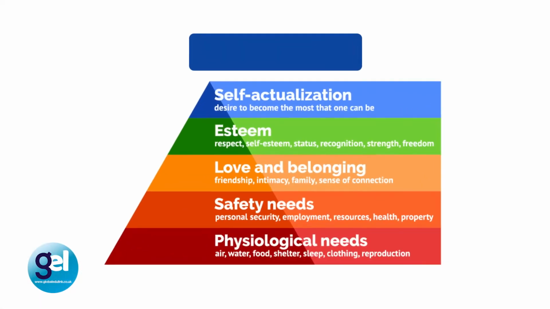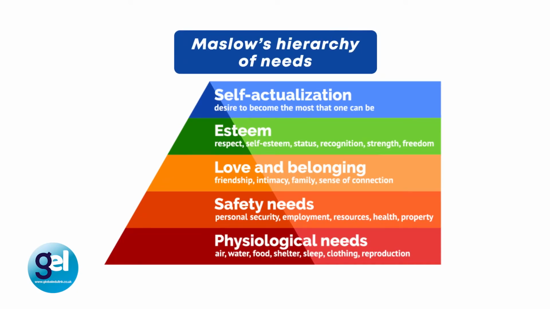Maslow's hierarchy of needs takes into account self-actualization, self-esteem, love and belonging, safety needs, and physiological needs. And it's often stated that if we look at these before any cognitive needs, it's much more beneficial for our learners.